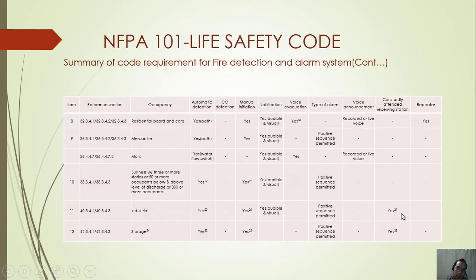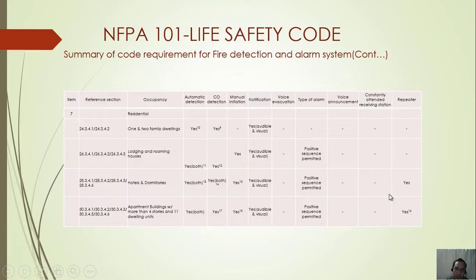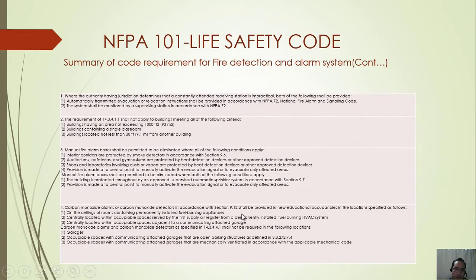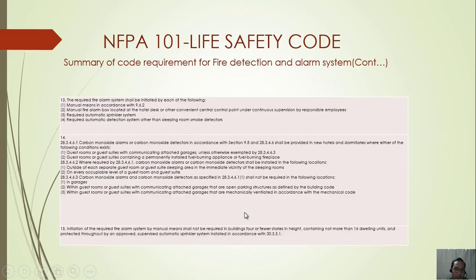Now we go on to the 15 notes. Where is it? Here. Manual initiation under apartment buildings with more than 4 stories and 11 dwelling units. Okay, let's check what is the note for manual pull station for apartment.